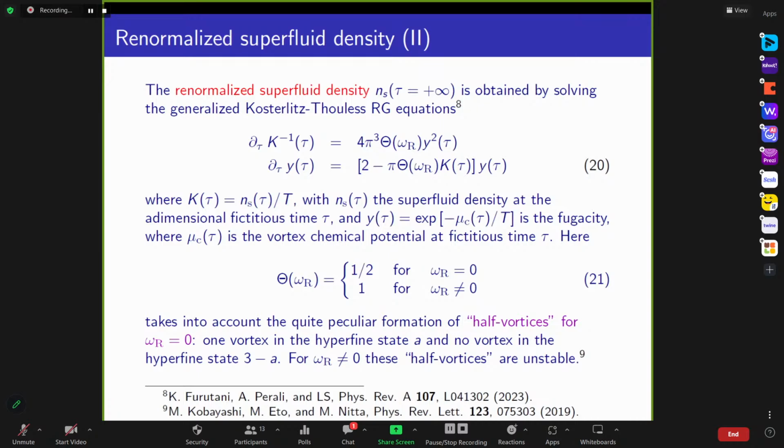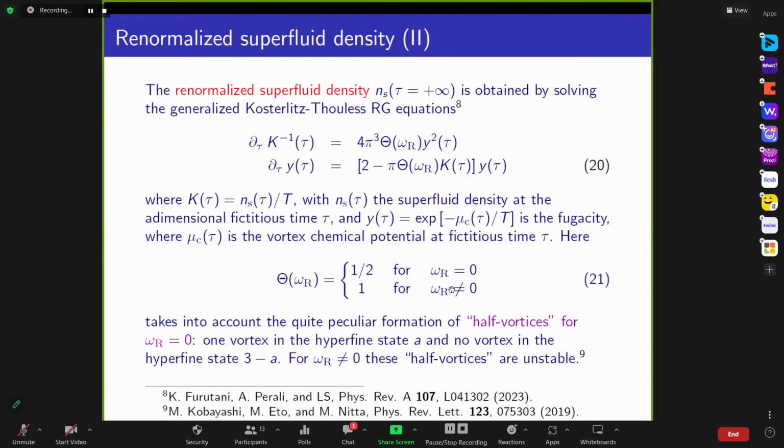This is quite a strange expression, which is, however, confirmed by numerical Monte Carlo calculations done some years ago by the group of Nitta in a paper published in Physical Review Letters.